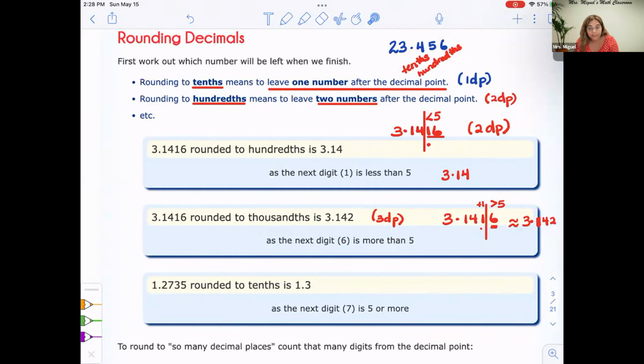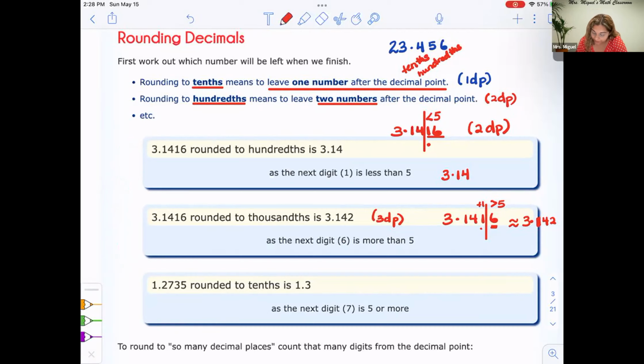So we must be mindful of what they ask. If they ask you for 3 decimal places, it must be 3 decimal places and nothing else. These questions are 1-mark questions, and the only way you will get the mark is by having the right answer.